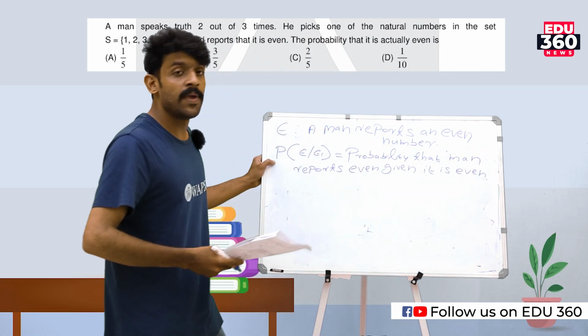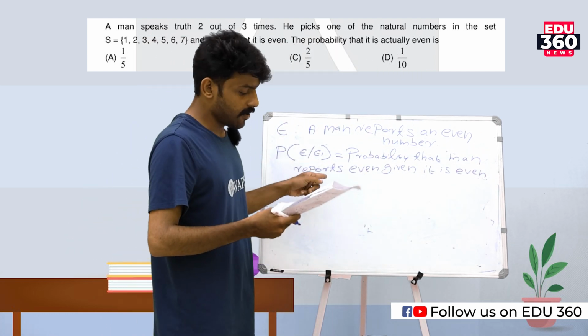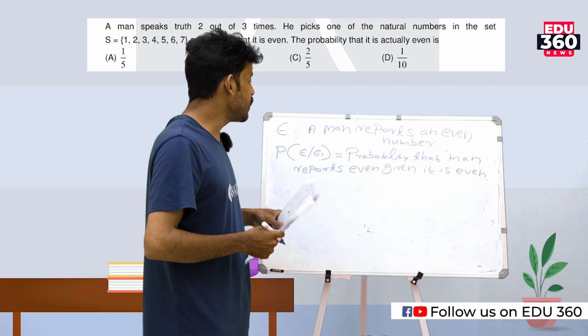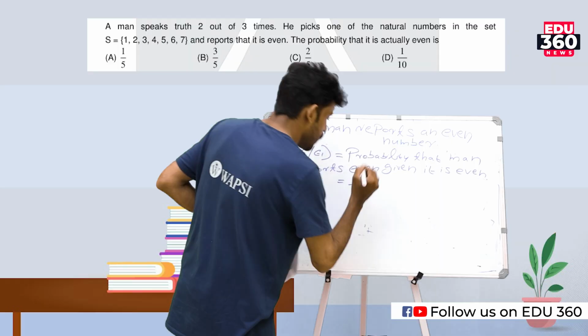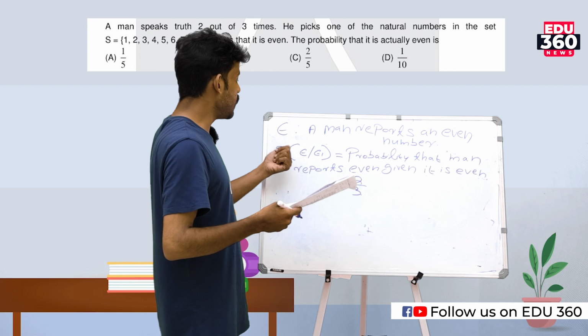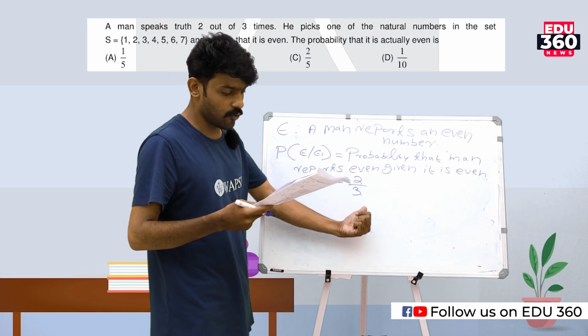So the value of P of E bar E1 is 2 by 3.